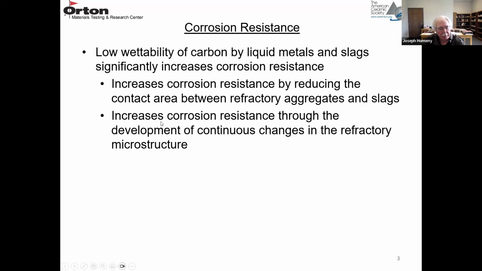And also, because of the antioxidation agents that are added, you have increased corrosion resistance by the development of continuous changes that take place in their refractory microstructure. Basically, in the matrix of these composites, the antioxidation agents are reacting and improving the corrosion resistance. And we'll see how that happens when we go over the different types of antioxidation agents.